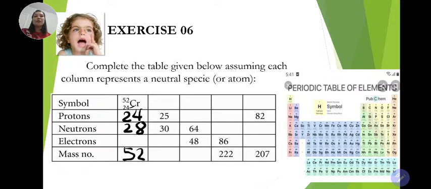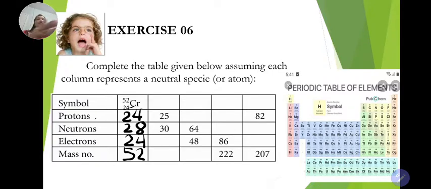Now, how will we know our number of electrons? For a neutral atom like this one, since it has no charge, whether positive 1, positive 2, or whatever, the number of electrons is equal to the number of protons. So, if we have 24 protons, we have 24 electrons.